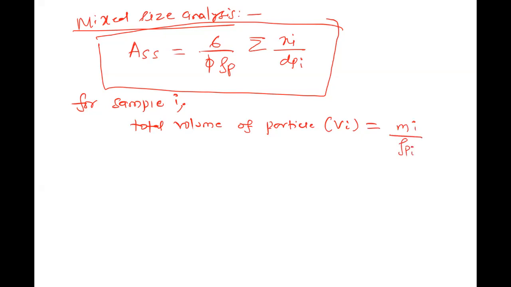The total volume of the particle for a sample I is Vi equal to Mi by rho pi. Is it clear to all of you? Yes or no?